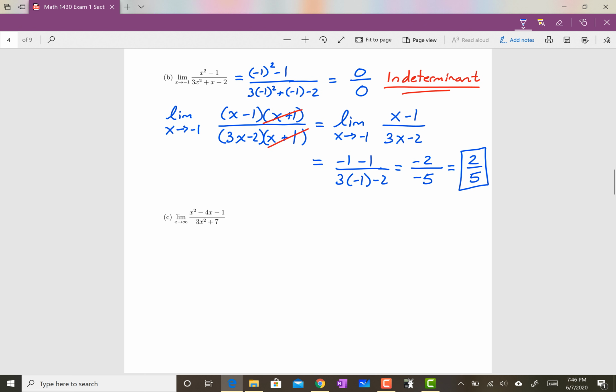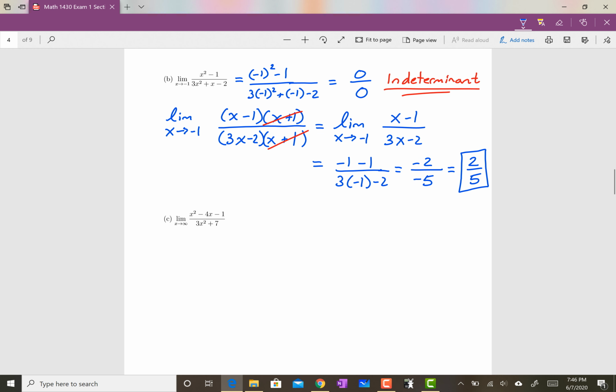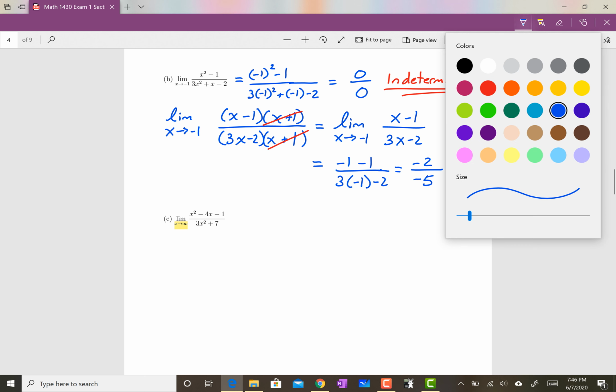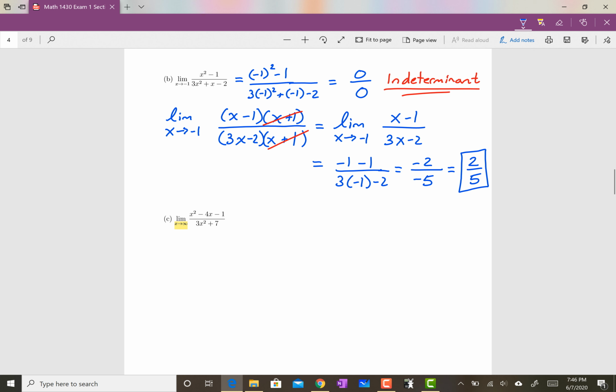Okay, we have one more limit that we want to do. Now, this limit is important to be careful with because it's a limit at infinity. Now, if you can imagine, this is somewhat hypothetical, but if we plugged in infinity, what would happen? Well, in the numerator, we'd have infinity squared.